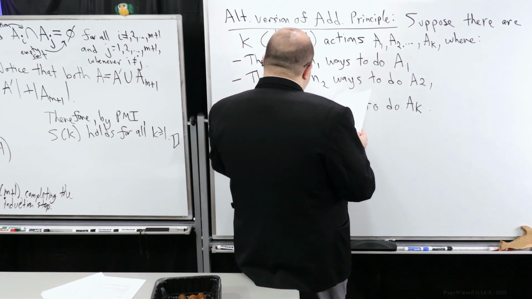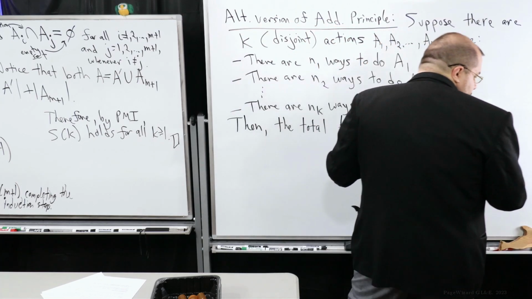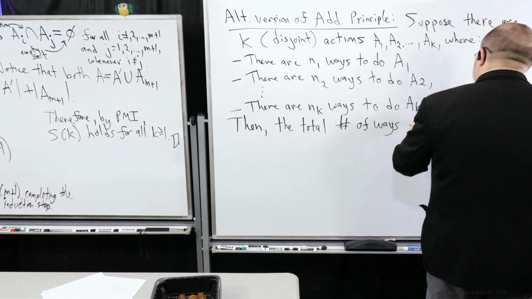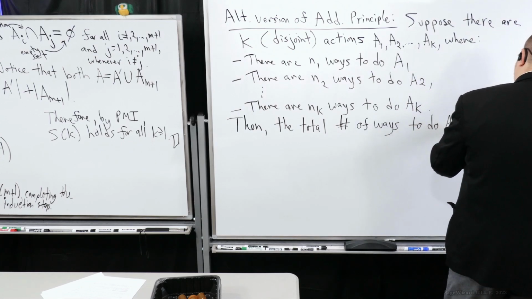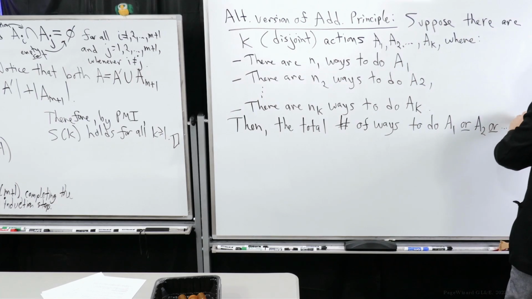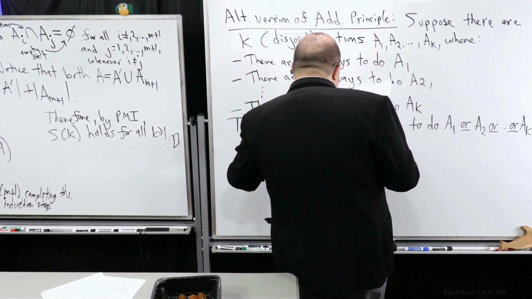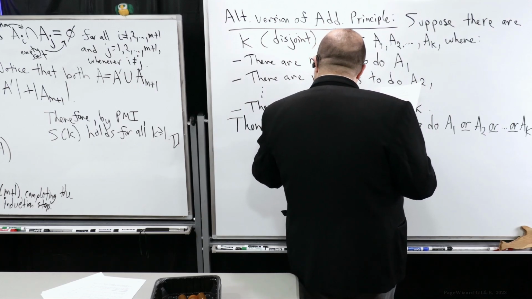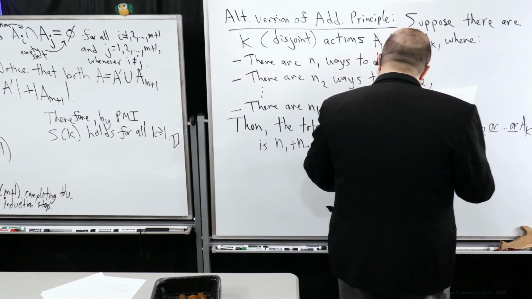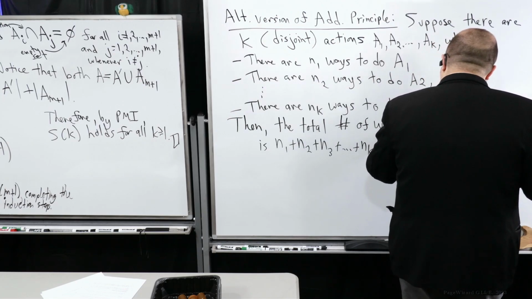Then the total number of ways to do A1 or A2 or all the way up to or Ak, up to and including Ak, is the sum of the number of possibilities: n1 plus n2 plus n3 plus all the way up to nk, which of course is equal to the sum from i equals 1 to k of n i.